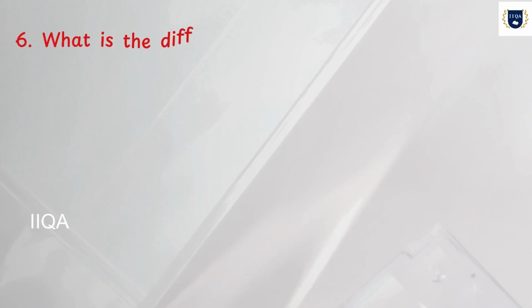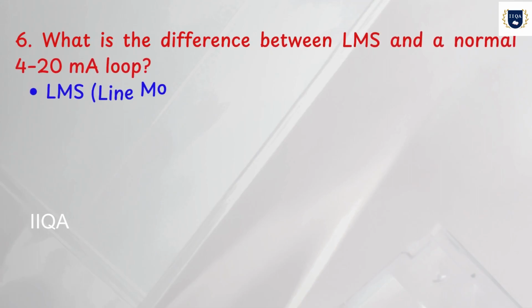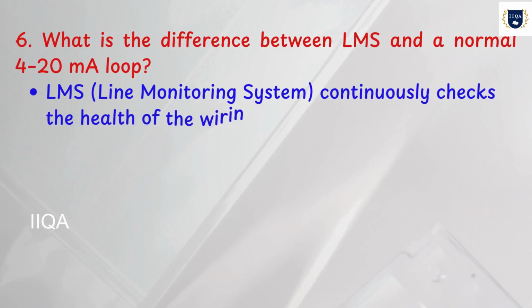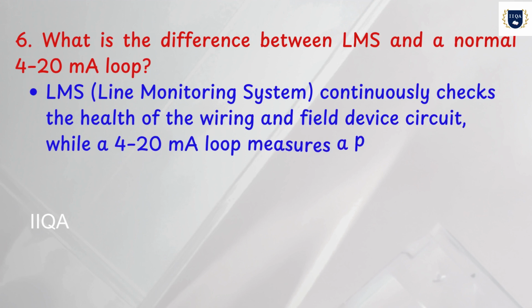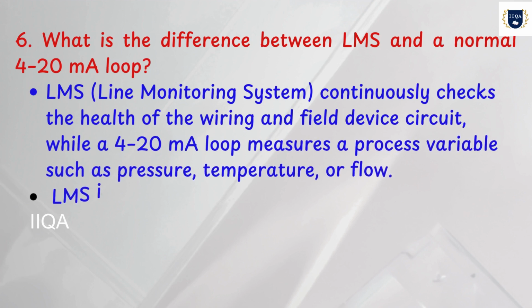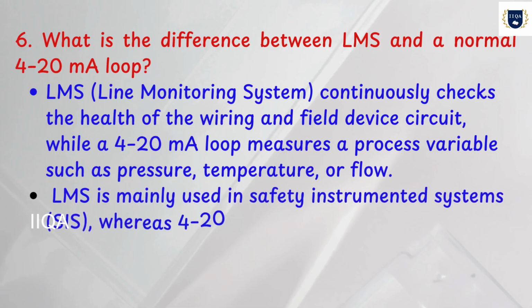What is the difference between LMS and a normal 4 to 20 milliamps loop? LMS, line monitoring system, continuously checks the health of the wiring and field device circuit, while a 4 to 20 milliamps loop measures a process variable such as pressure, temperature, or flow.